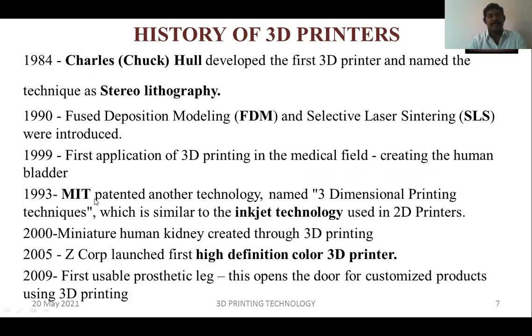In 1993, MIT patented another technology named inkjet technology. In 2000, a miniature human kidney was developed through 3D printing. In 2005, Z-Corp launched the first high definition color 3D printer. And in 2009, the first usable prosthetic leg was generated through 3D printing.